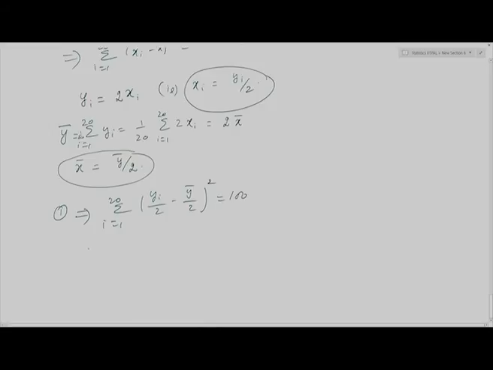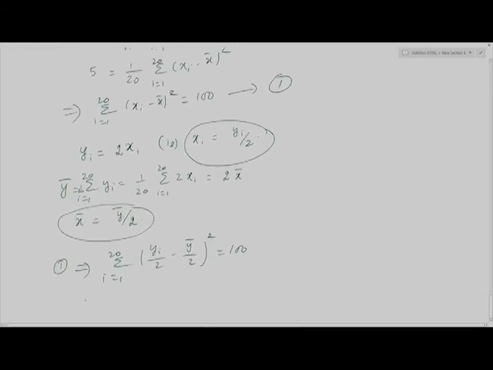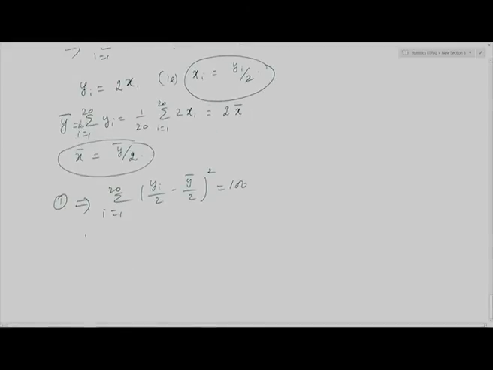Therefore, the new variance sigma square is equal to 1 by 20 sigma i equal to 1 to 20 of yi minus y bar whole square, which is 400 by 20, equal to 20.